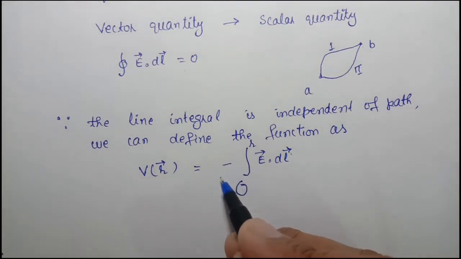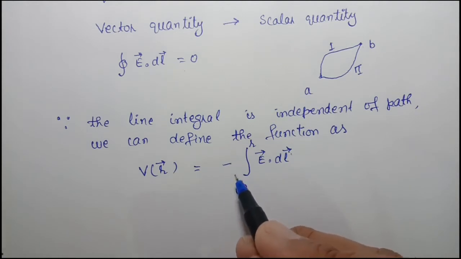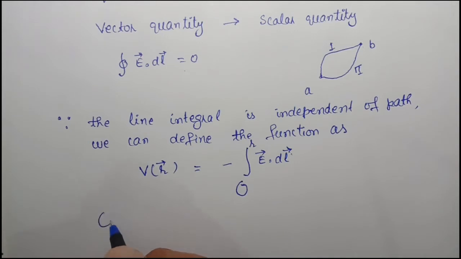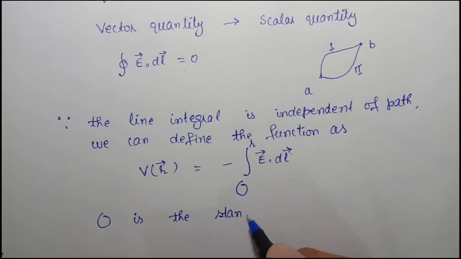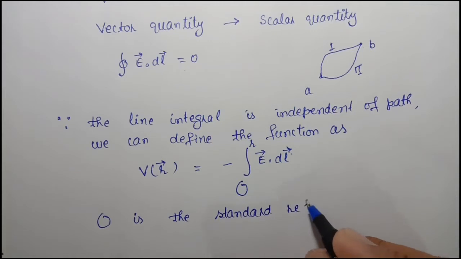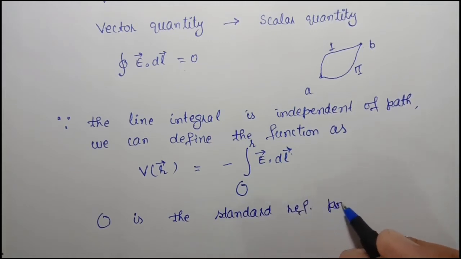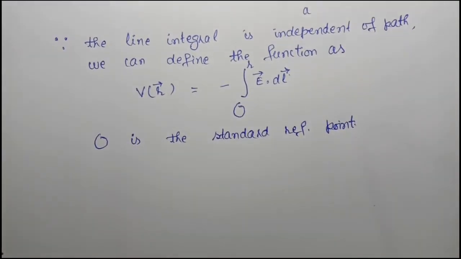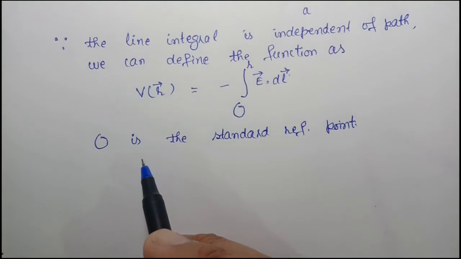Here the negative sign is just a convention, and this O is the standard reference point, or an arbitrary reference point.